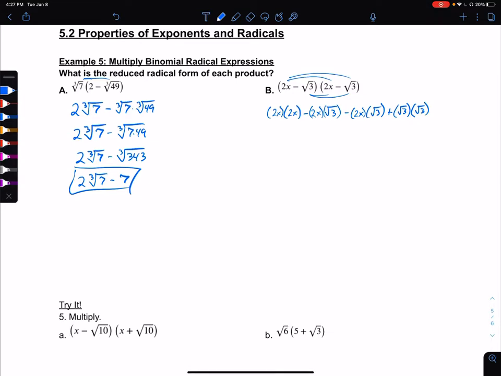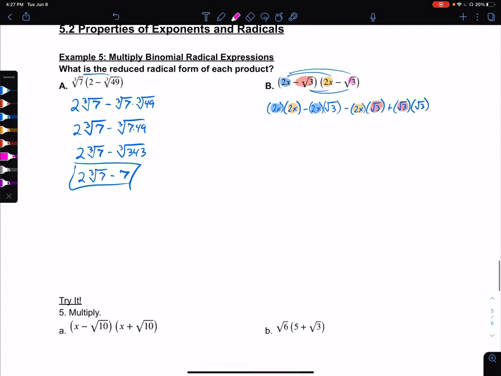Okay, and let's do some highlighting here so we know what's coming from where. That 2x is going to be right there. This 2x was this expression here and here. This radical 3 was here. This one was here and here, and then finally this radical 3 was here and here.